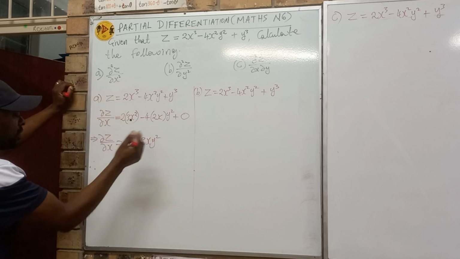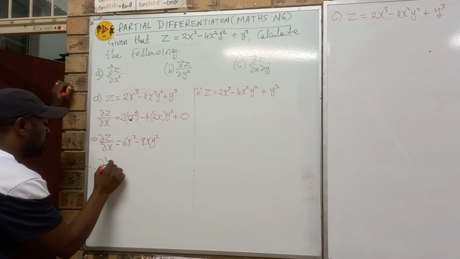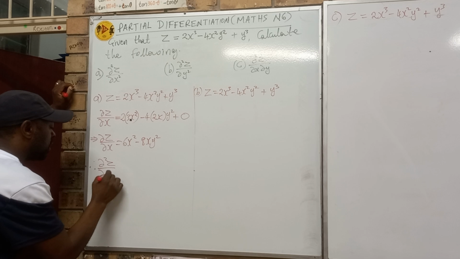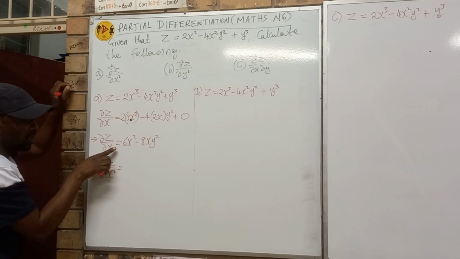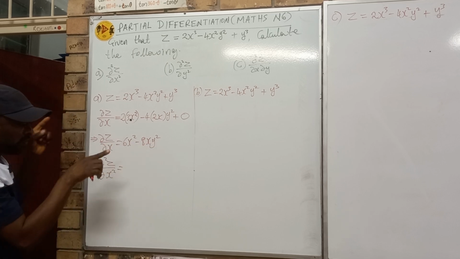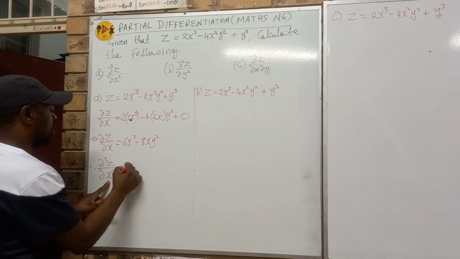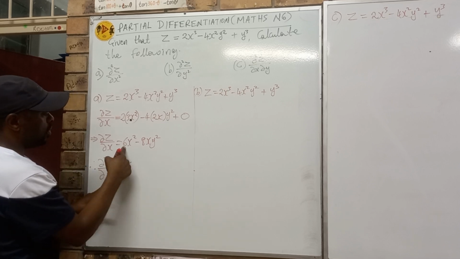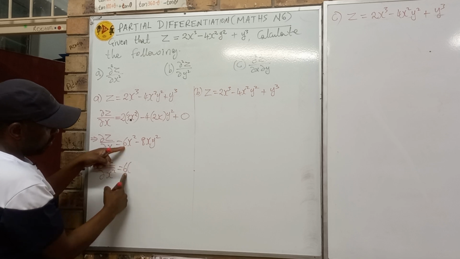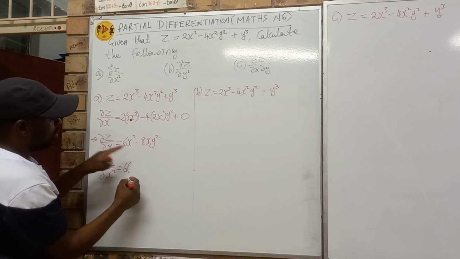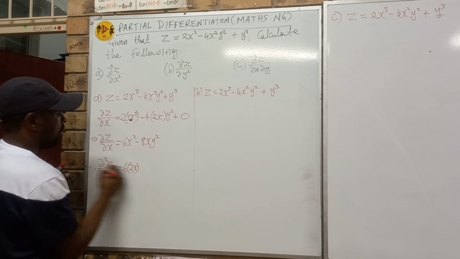We are done with the first, so from the first, we can now go to the second. So to get the second derivative, we are now differentiating the first derivative. And don't forget, our main variable has not changed. It is still x. So I'm only searching for x to differentiate. So this constant, I'm not allowed to differentiate it when I'm seeing a variable. So when I differentiate x squared, it will give me 2x.